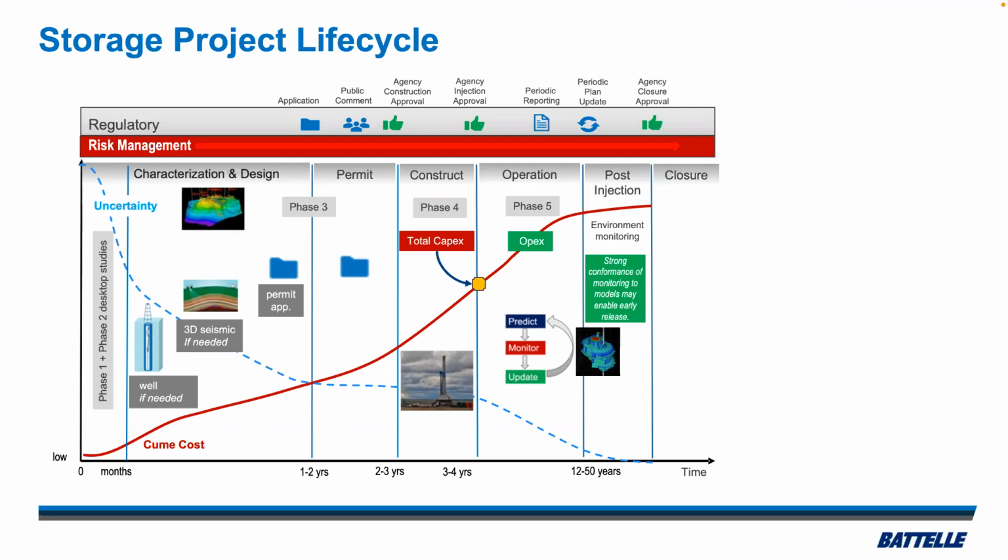When we get into the operational phase, we have to use monitoring to do model verification and then update and history matching. So if that's what you mean by calibrating, then yes, we would use the monitoring to verify, validate, update and history match the models.